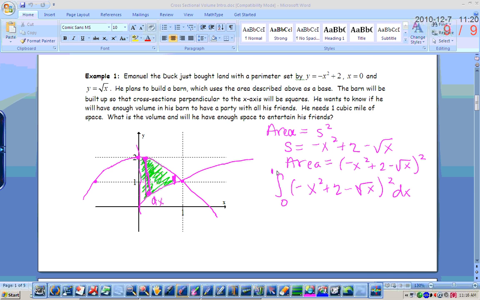Okay, so that third dimension, the width of each of those squares, is where the dx comes in, and you could think of the integral as another Riemann sum of adding up an infinite number of rectangles, but as the width of those rectangles approaches 0, that's what integration is.